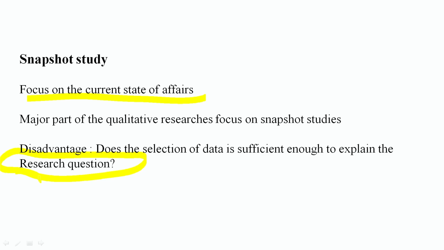So the researcher always gets confused between what kind of design would be ideal, a snapshot study or a longitudinal study. It depends upon the resources available and the research goal, as I said earlier.